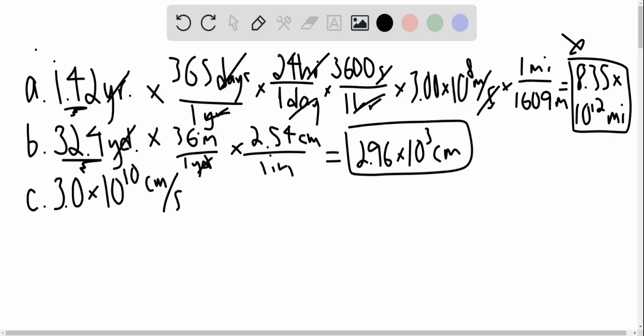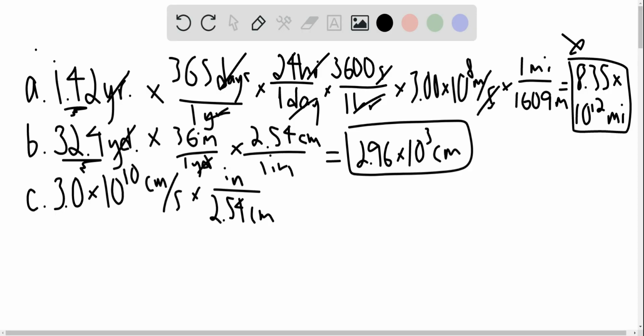Okay. Now for this last one, they want you to convert 3 times 10 to the 10 centimeters per second to feet per second. So this is kind of the reverse of the last one. We're going to be converting centimeters to inches and then inches to feet. So we're going to put centimeters in the bottom, 2.54 centimeters per inch.